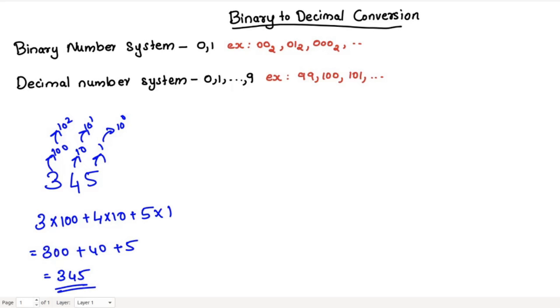Now consider the decimal equivalent of the binary number 101. The places are 1s, 2s and 4s. That is, since the base is 2, it is 2 raised to 0, 2 raised to 1 and 2 raised to 2.